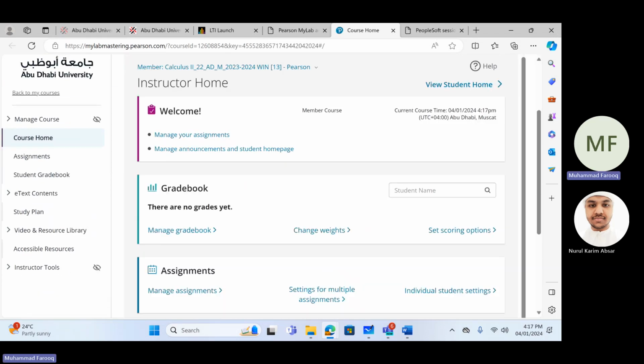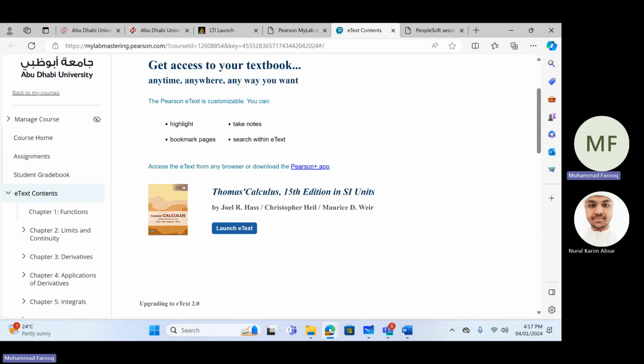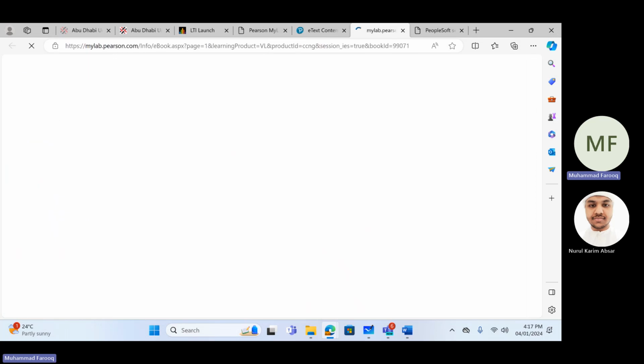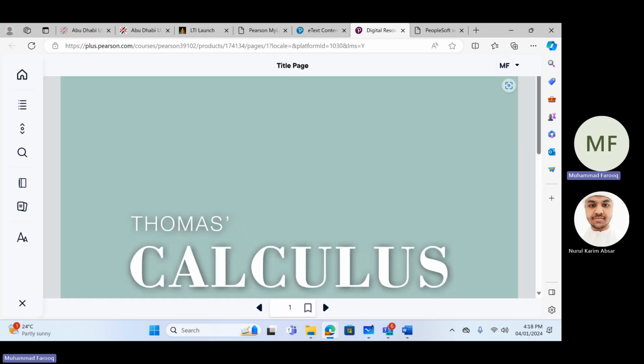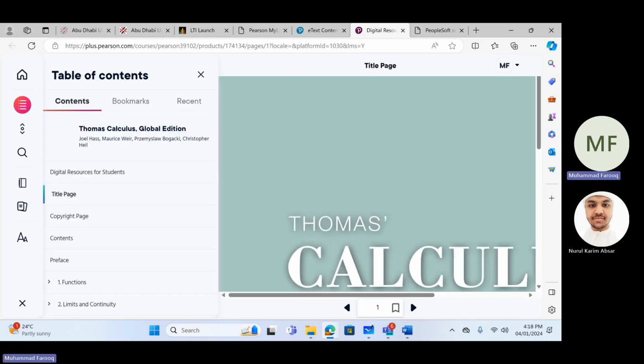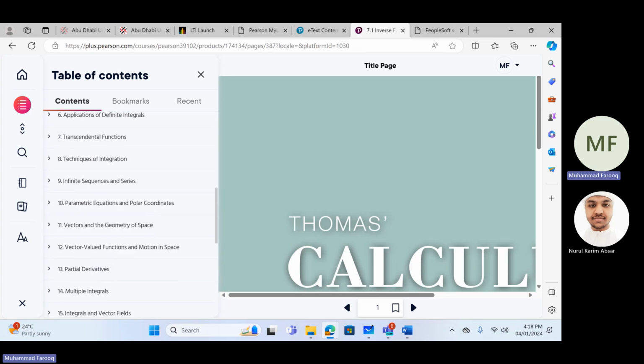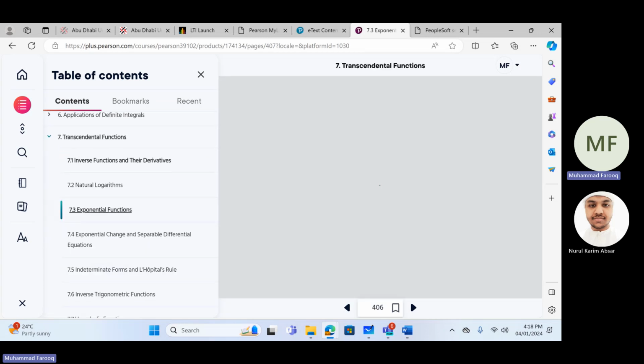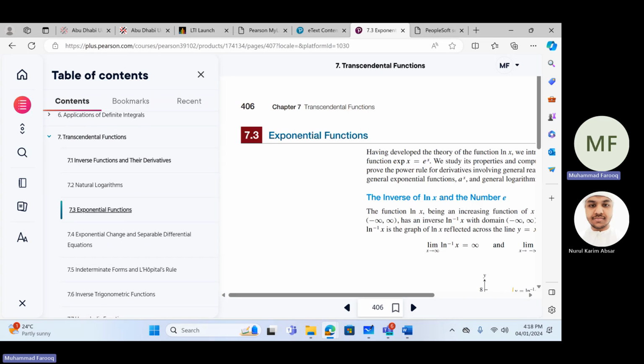So I have now the index content. Yes. Then here, okay, so it's the content. All right, so we have chapter 7 and now it's 7.3. So here is 7.3.